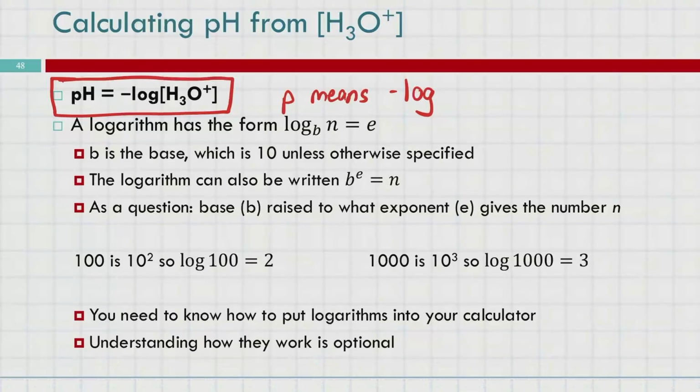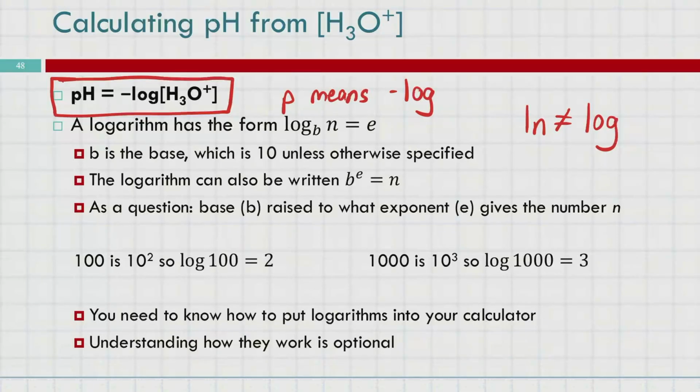And log is a key on your calculator. You might have to press it twice depending on what calculator you have. So ln is not the same as log. ln is a specific form of log.